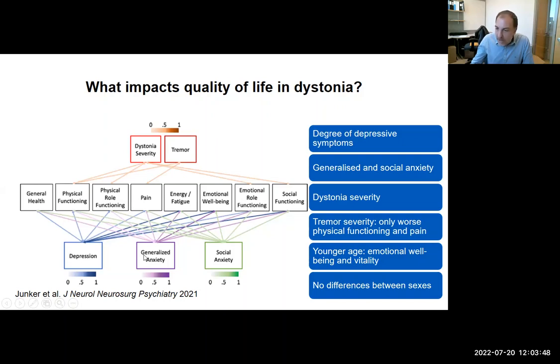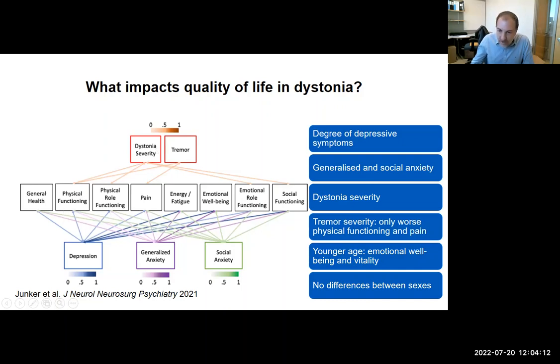But following behind depression and anxiety, increased dystonia severity in terms of severity of motor symptoms was associated only with worse physical functioning, physical role and emotional role functioning, and social functioning. And the presence of tremor in dystonia correlated only with worse physical functioning and pain.